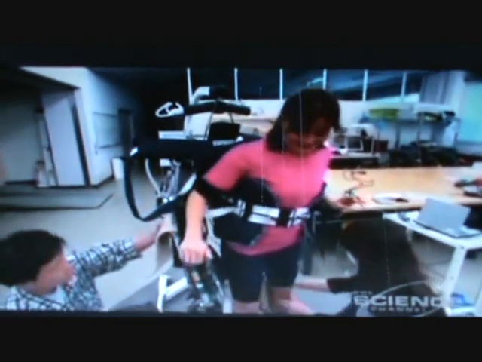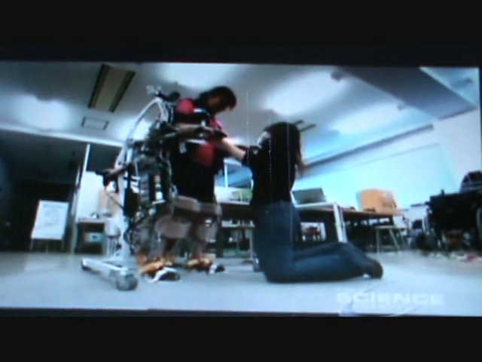A new invention called the Power Assist Suit. It's been developed at Kanagawa Institute in Tokyo, Japan. This is the Power Assist Suit, and it's an exoskeleton made of aluminium that gets strapped onto you. Right, okay, strapped in, no escaping. The cost of each suit will be about $20,000.